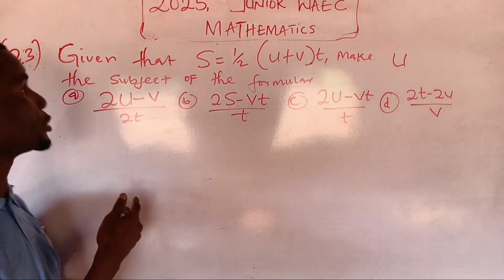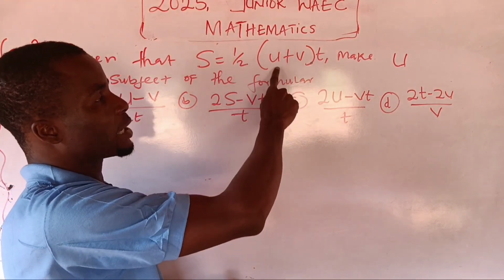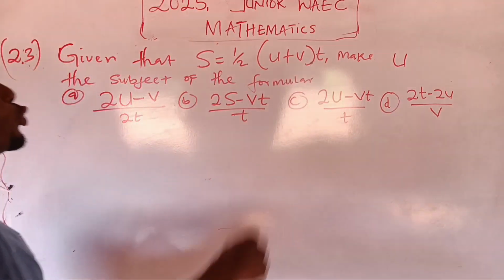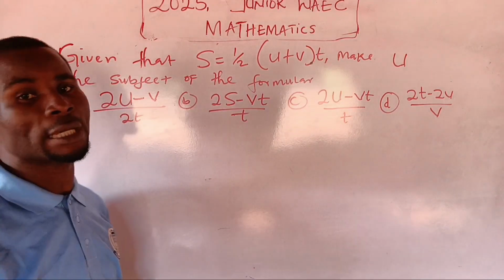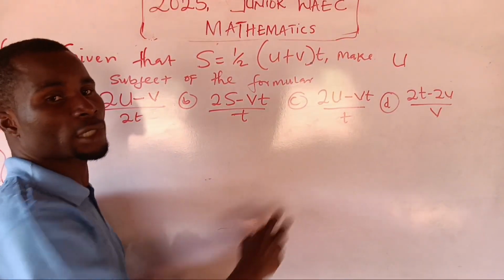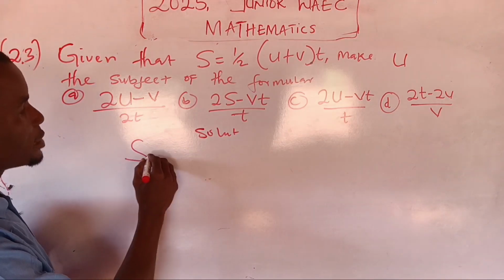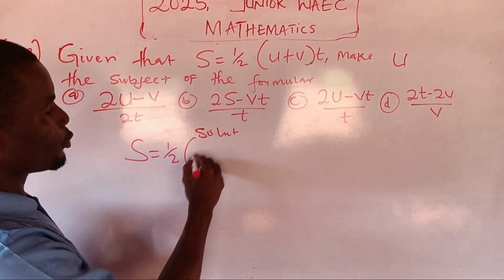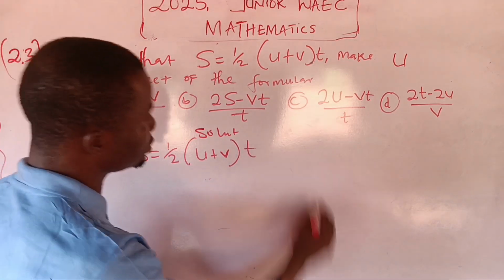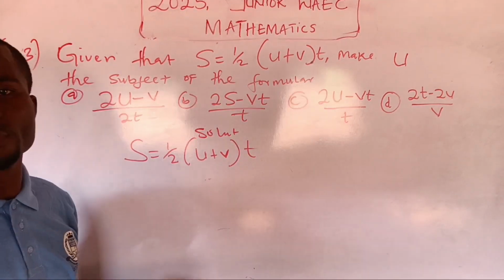Check question 23. Given that S equals half, open bracket, U plus V, close bracket, T, make U the subject of the formula. We are asked to make U the subject of the formula. Here are the options given. So let's do that. We have S equals half, open bracket, U plus V, close bracket, T. Now to make U the subject of the formula, first of all, we are going to open this bracket.